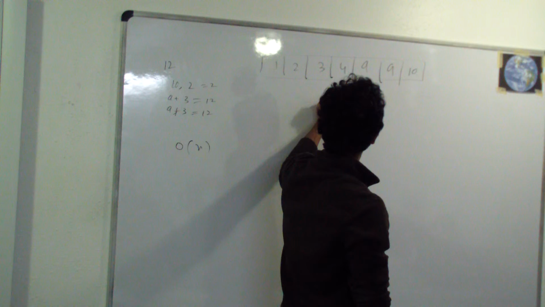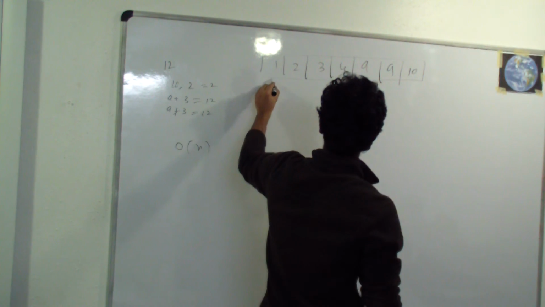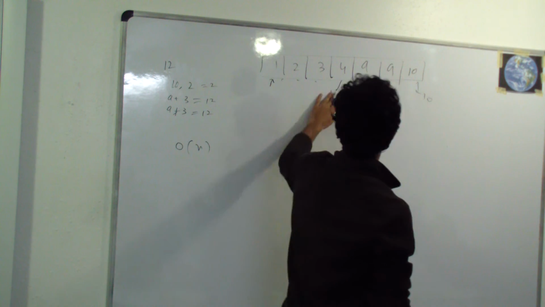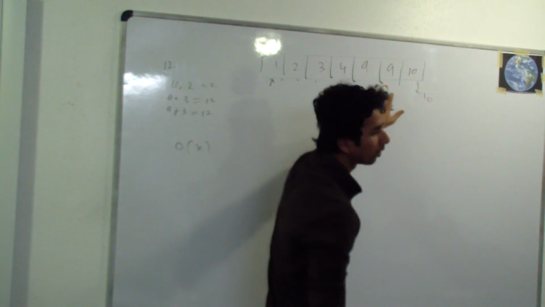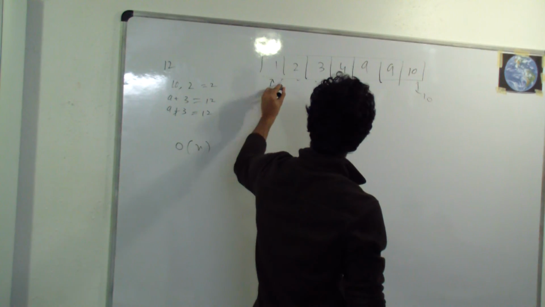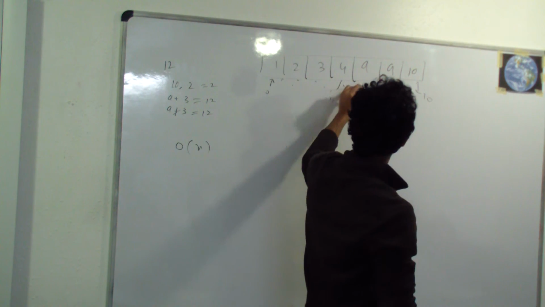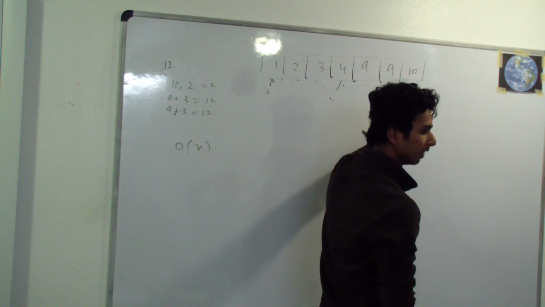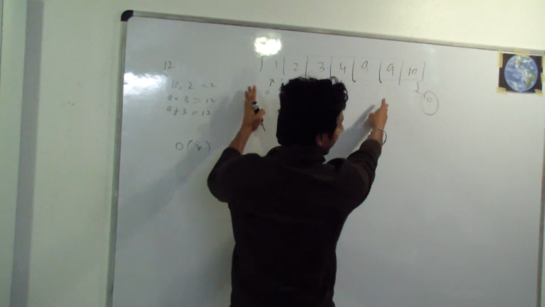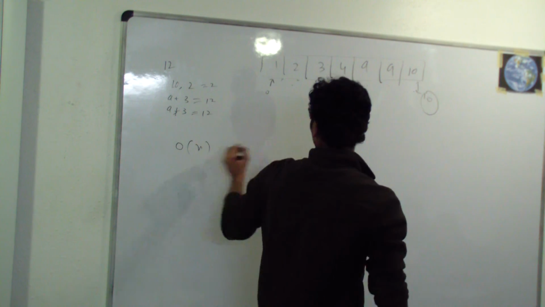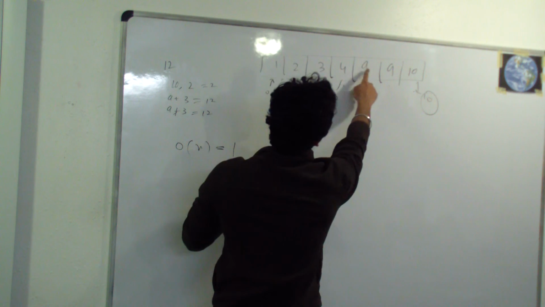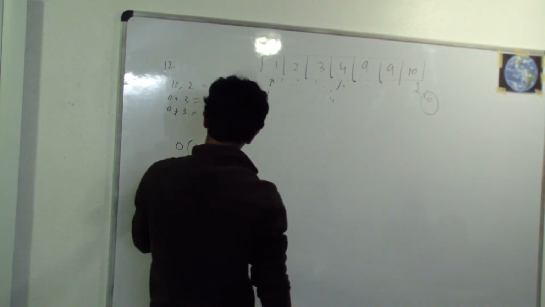Suppose you are looking for 4. You start from here, 1, 2, 3, or you are looking for 10, the last value. How many times did you go over this array? You start from here, go next, next, next, and you found it. So you went over the whole array only once. n corresponds to the 7 elements.